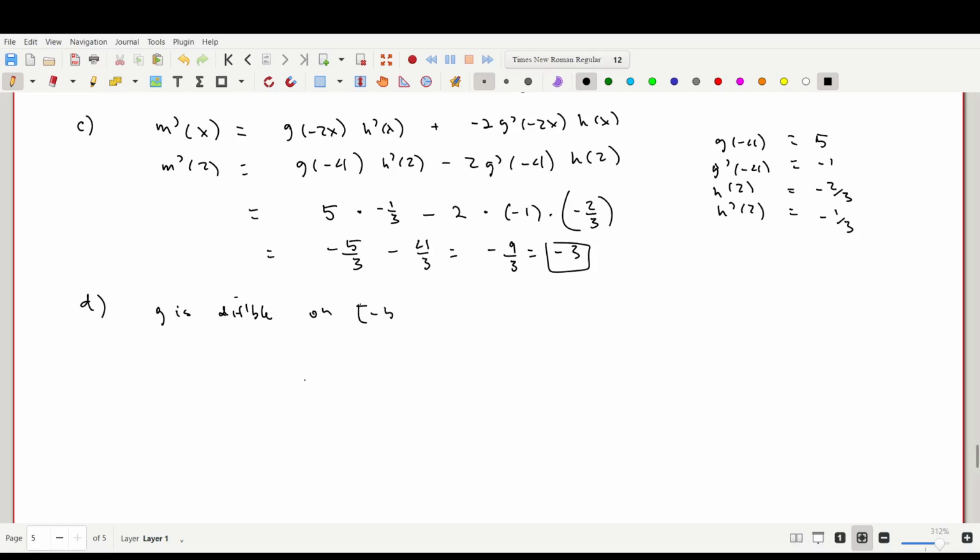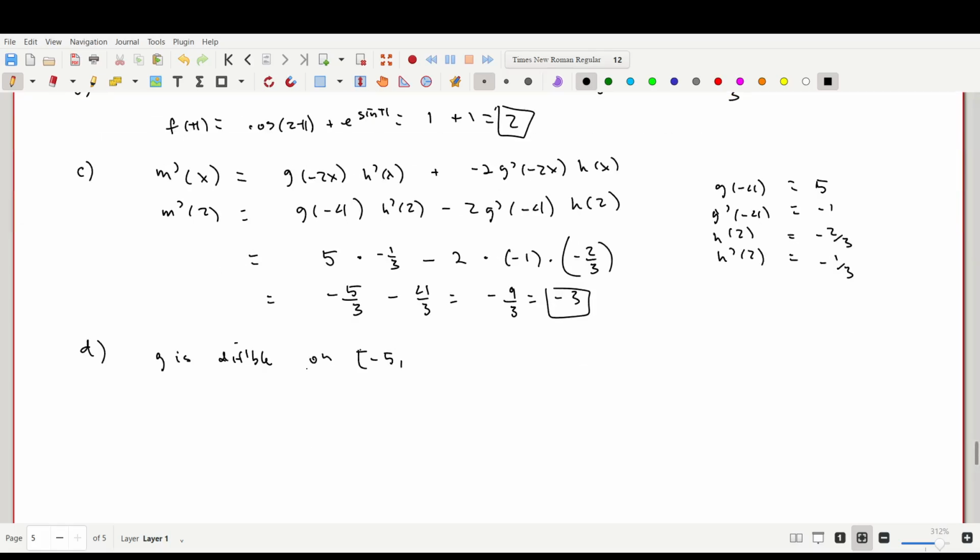So on -5 to -3, MVT applies. If you're differentiable on the closed interval, you're differentiable on the open interval, and you're continuous on the closed interval. So you don't really need to say that, though. But you do need to give some reasoning why MVT applies. So there is a C in -5 to -3.